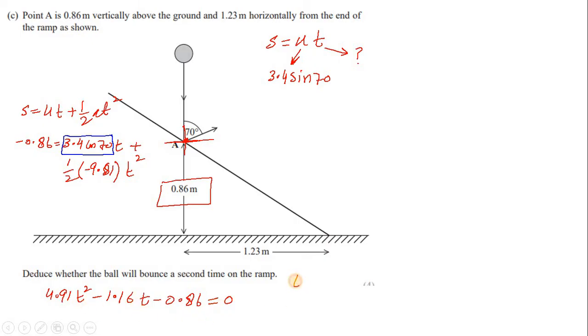One t will be negative, that you can discard, you don't need to waste the time. The other time will be positive, that you need to figure out. So use your quadratic formula.